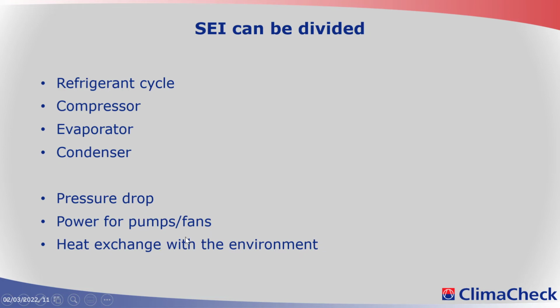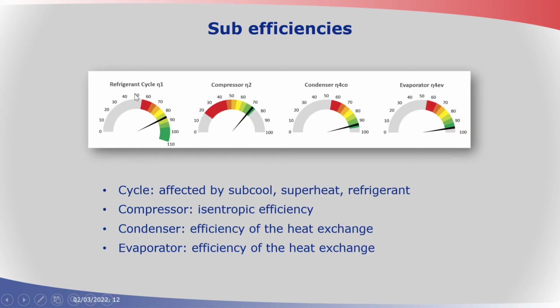Each of these factors will reduce the performance of our system. And we can measure that by measuring the pressure drop and the power going into the auxiliary systems. But the main four parts are the refrigerant cycle, the compressor, condenser, and evaporator.